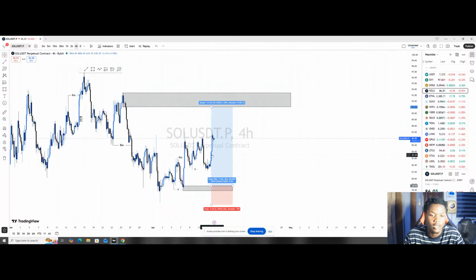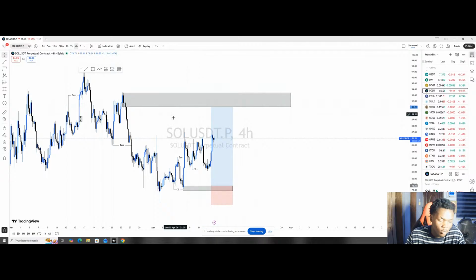As you can see, there's a strong momentum here causing price to go up. You can see the strong movement. So price is going up and aiming for this. So we're going to be looking to short market from here.